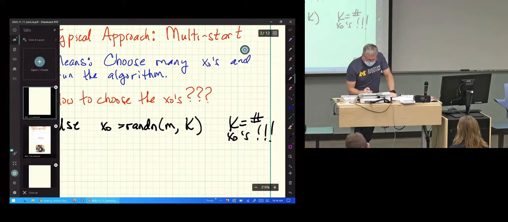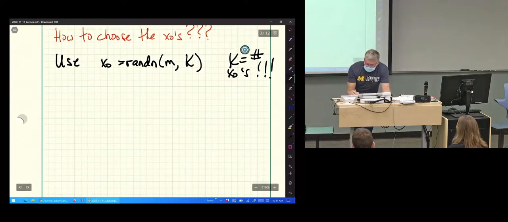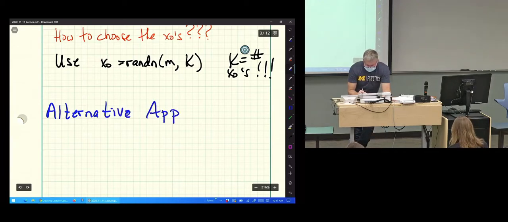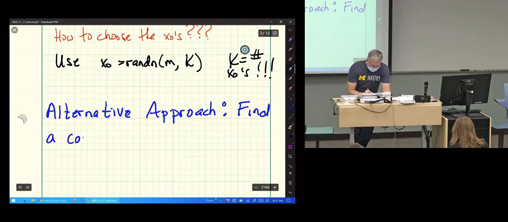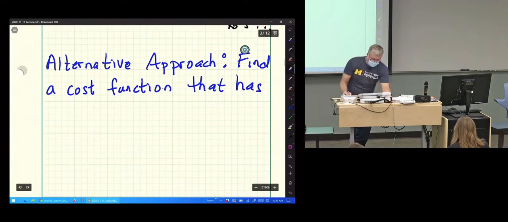The other approach, we'll talk about this a little bit, is to find a cost function that doesn't have the defect of many local minima.